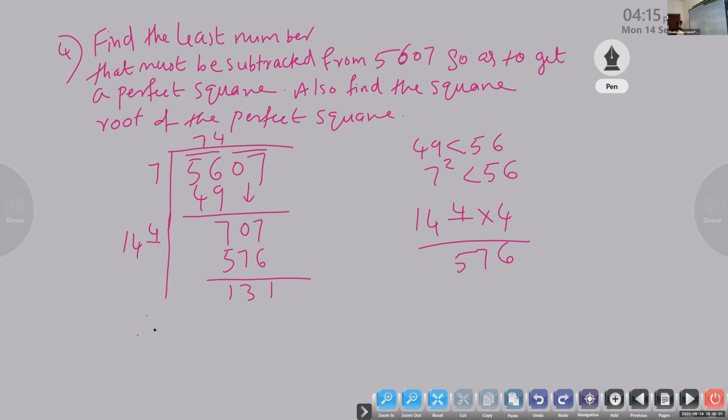So therefore, if we subtract 131 from 5,607, we will get a perfect square number.